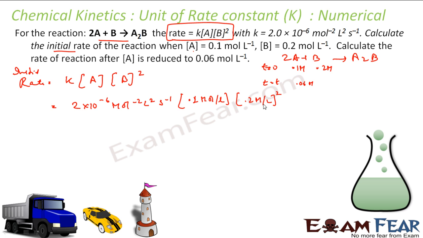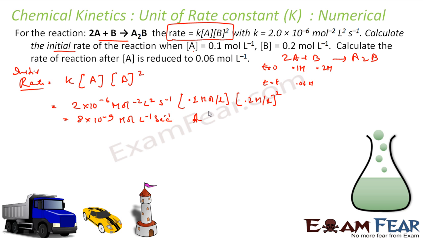Please note there is a square here. So if you solve this, you get 8 into 10 to the power minus 9 moles per liter per second, and that is my answer. And if you see, the rate is always in moles per liter per second. If you see these units also, at the end of the day you will get moles per liter per second.